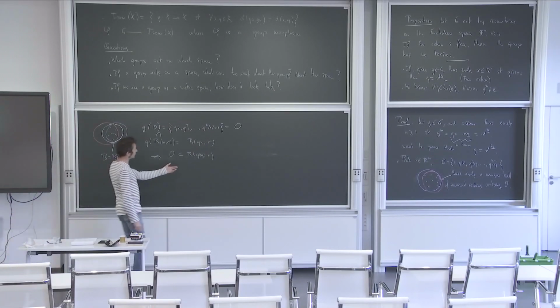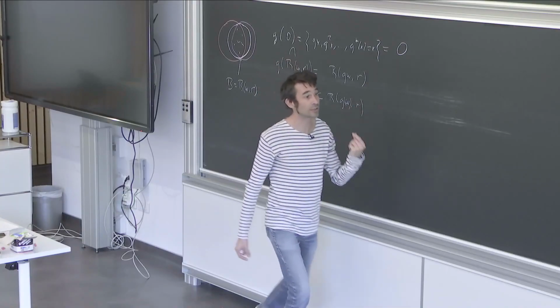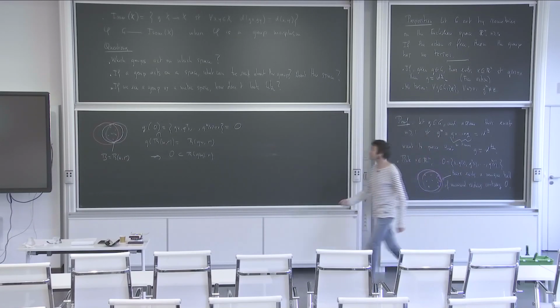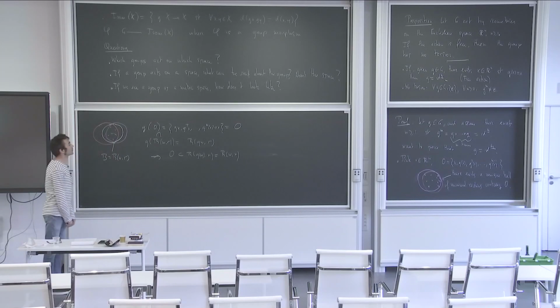And now the thing is that r is the minimal radius that contains the set O. And what I just explained is that the ball was unique. And so this means that this ball has to be the same as the initial ball.